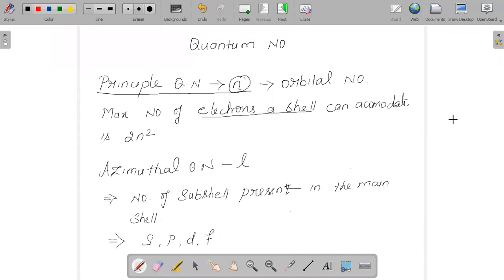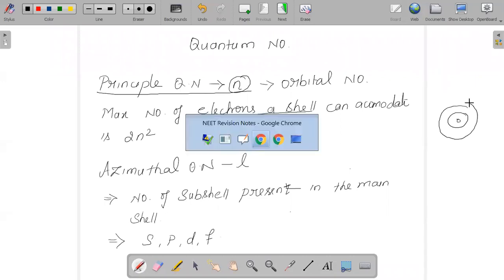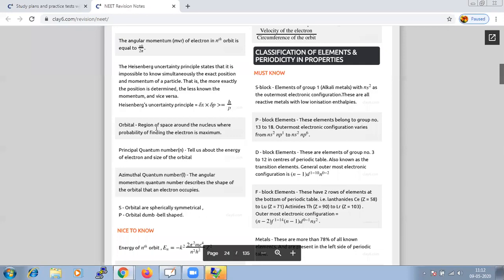As I told you, the nucleus is in the center and electrons are revolving around the nucleus, and we have discussed that this is the energy level. What is the energy level?